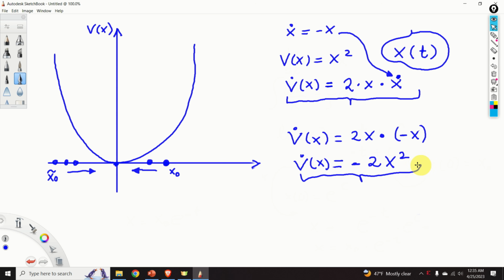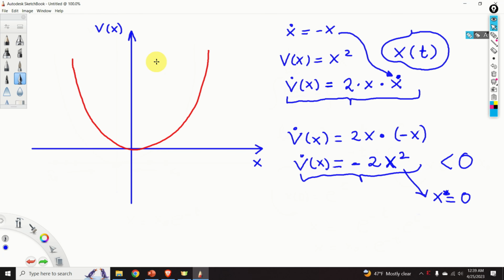Let us analyze this expression. Obviously, this derivative is always negative except at the equilibrium point. And this means that according to the Lyapunov stability theorem, the equilibrium point is asymptotically stable.